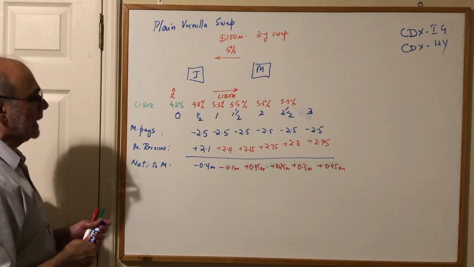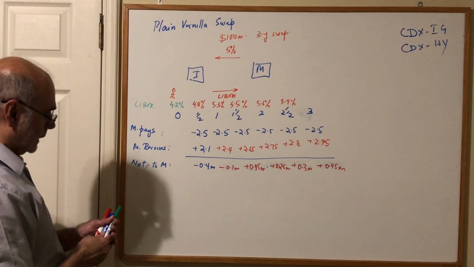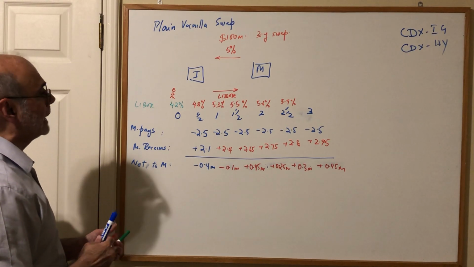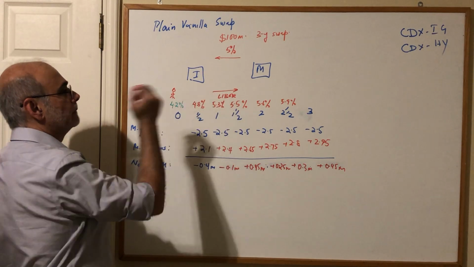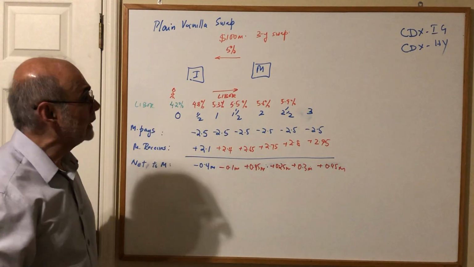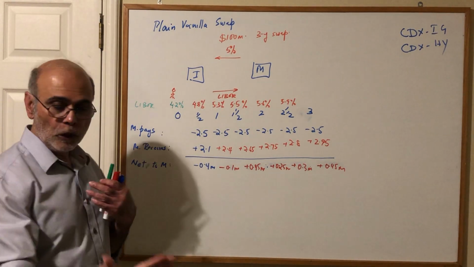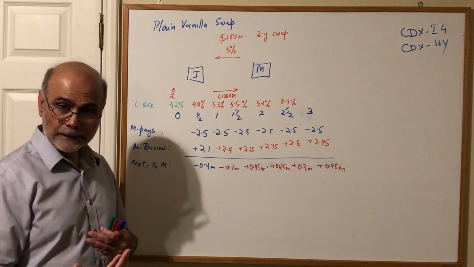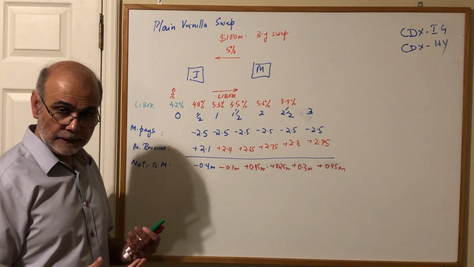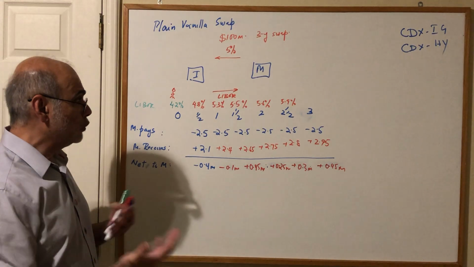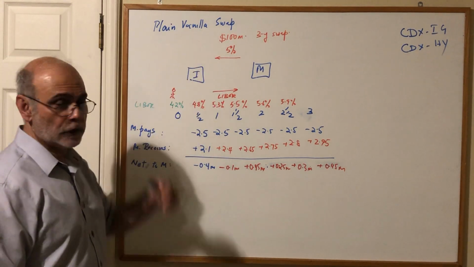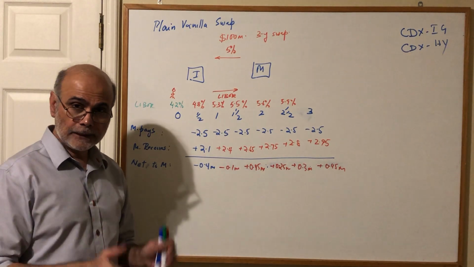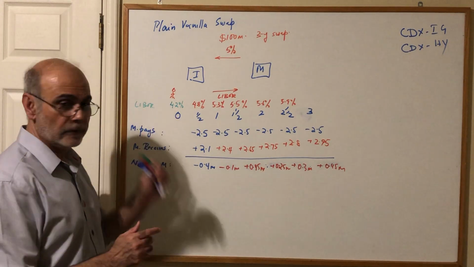Okay. Now, the question is this. So let's look at how, from Microsoft's point of view, you value this swap. Okay. Now, remember, Microsoft and Intel will only get into this swap at time zero if it's a fair deal. Okay? Because there's no money changing hands. We're just agreeing that we'll execute this swap on these terms. And both sides are agreeing at time zero, right?